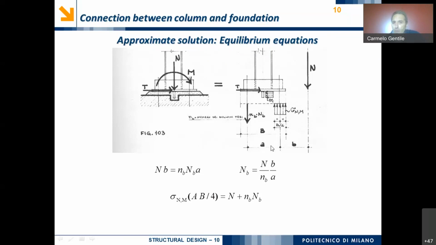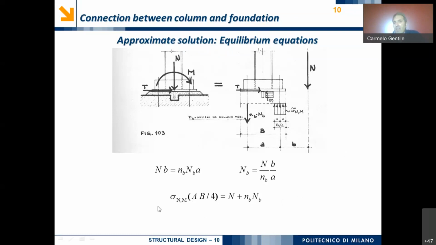And so I would like to multiply this unknown value times the geometry of the contact region, and the geometry of the contact region is this dimension, B over 4, times the dimension in the direction orthogonal to our drawing. So A times B over 4 equal to the summation of the two axial forces, N, and the number of bolts times NB.